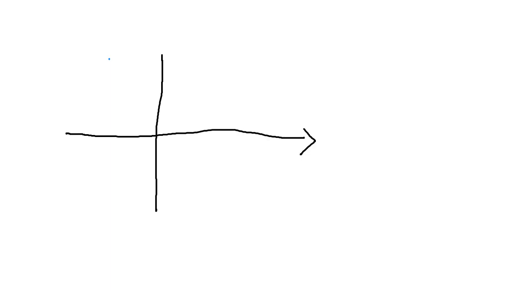Okay, so I have my two axes, and let's say that I have a point P here, and my angle theta is pi over 4, and let's say my radius is 2, r equals 2.